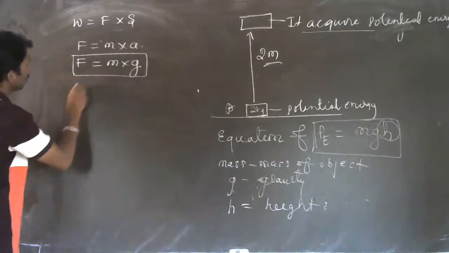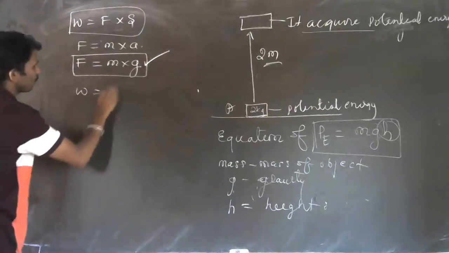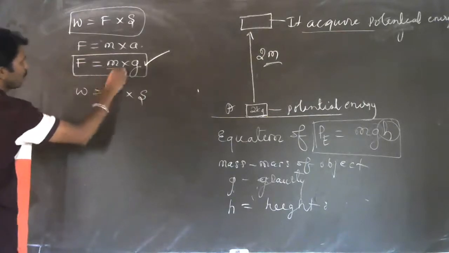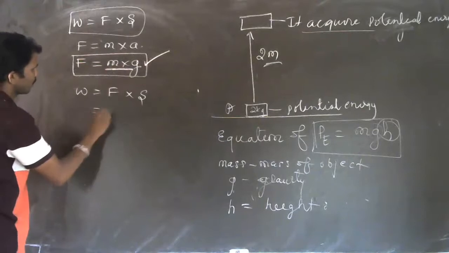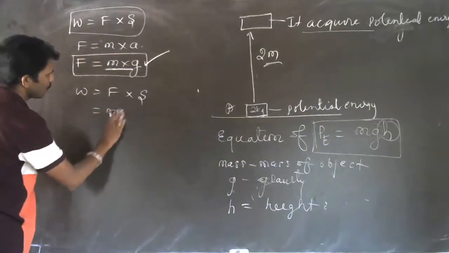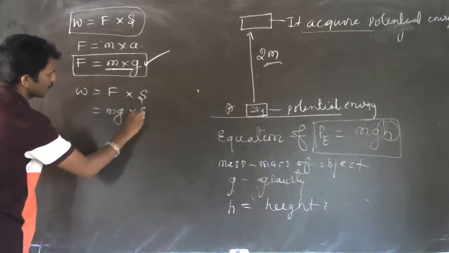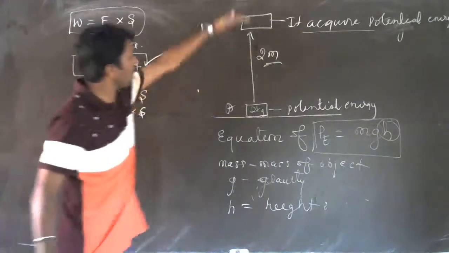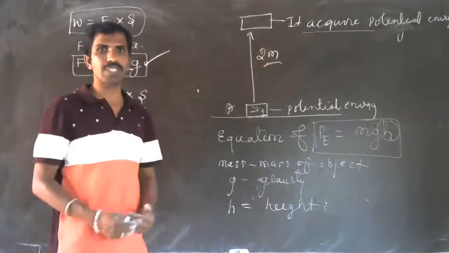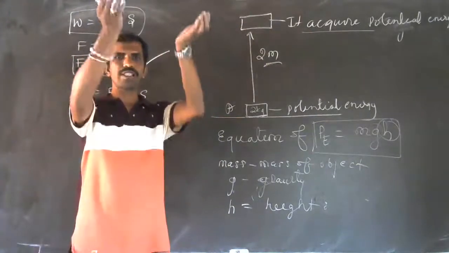W is equal to F into S. F is equal to m into g, so W is equal to m into g into S. S tells about the displacement. Here we are just lifting that object and displacing its height.